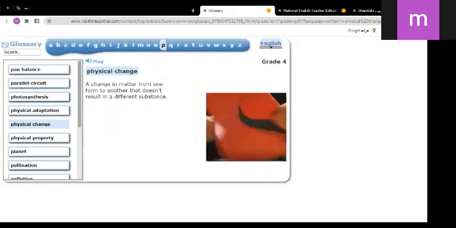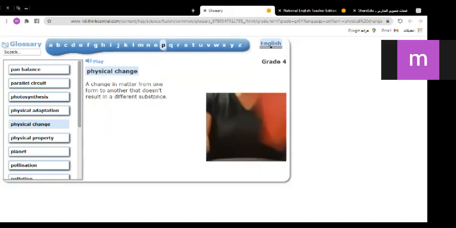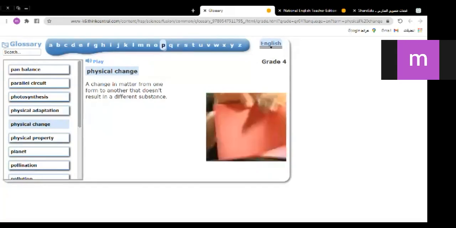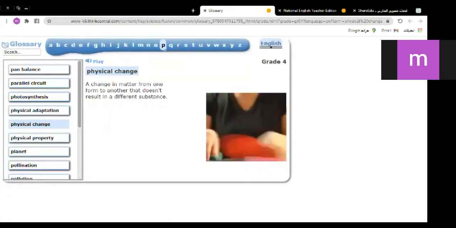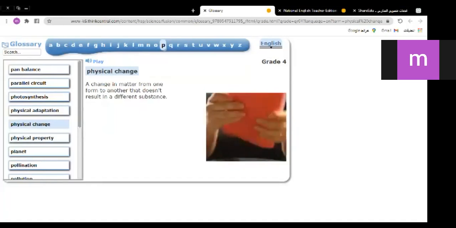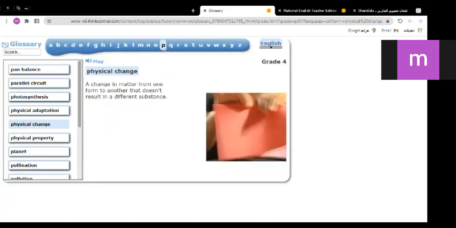So it is the same substance, but the shape is different. Like when you tear a book, or you bring another book. No, I mean, like this girl, she's trying to convert her paper to be like a heart.